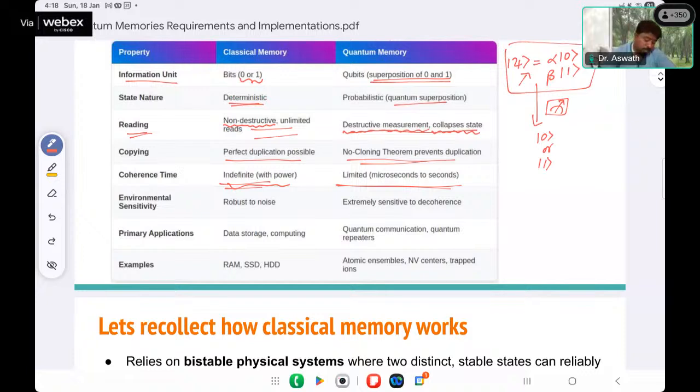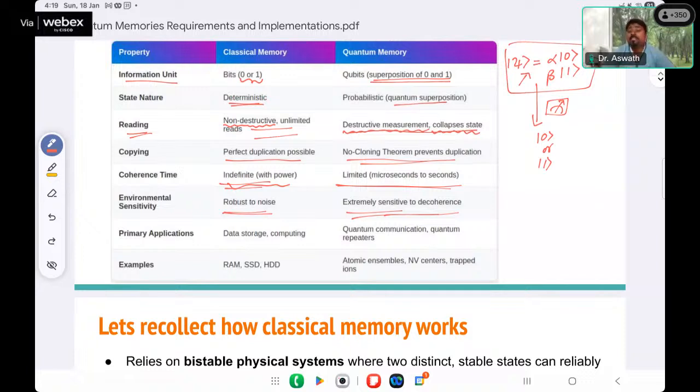Classical memories are very robust to noise from the outside environment, but quantum memories are extremely sensitive. They immediately decohere with the noise coming in from the environment. That's why we need to seal them in very large cylinders and cool them to very low temperature with a cooling liquid, to avoid the external ambient temperature disturbing the qubits.